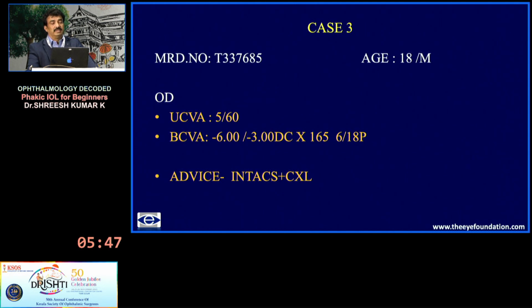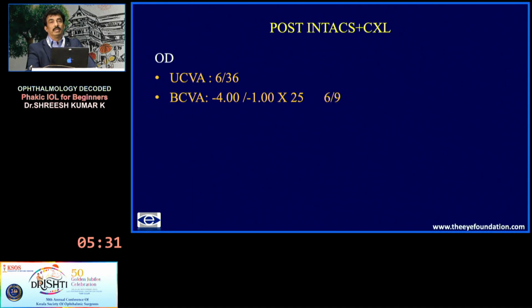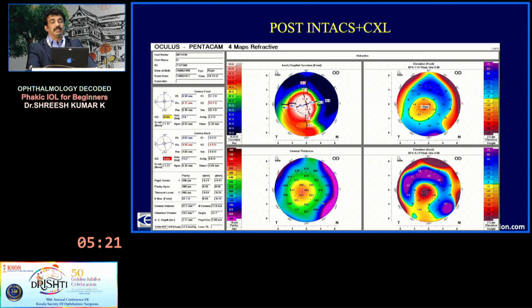Another, third case has a mixed astigmatism, and the visual acuity is improving to 6/18, and we suggested Intacs plus CXL for this particular patient. You can see a highly decentered cone here, and we have to recenter the cone by doing Intacs with CXL. Post-operatively, after Intacs plus CXL, the visual acuity has improved to 6/9 because of the recentration of the cone.